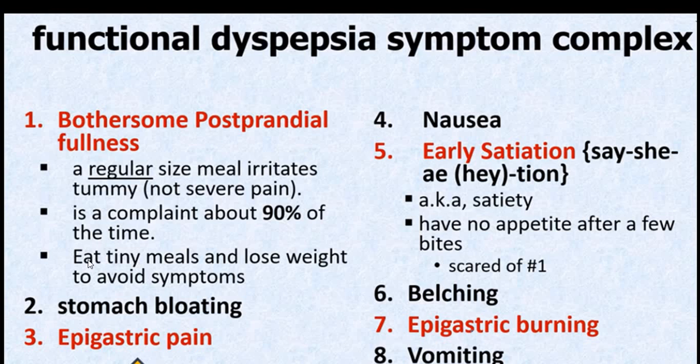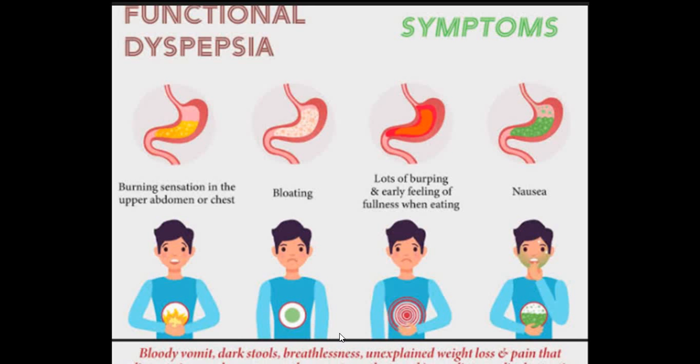The best way is tiny meals and losing weight to avoid the symptoms. This group of people will very commonly complain of bloating sensation. While in the case of epigastric pain syndrome, epigastric pain is quite common. Nausea, early satiety, belching sensation, epigastric burning may be there, and vomiting may be there.